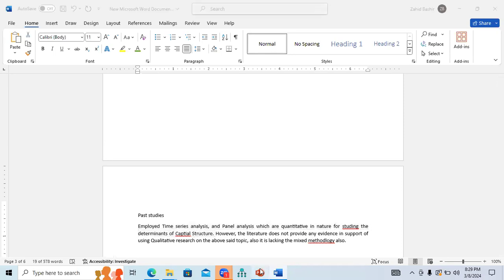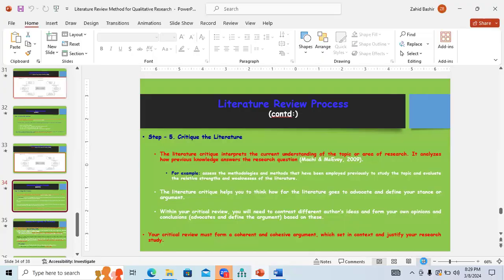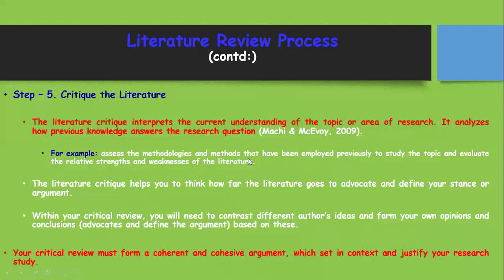So you may also identify whether the previous literature in your domain or in the area you want to do research has some methodology gap or not. So the gap may be based on methodology. Gap may be based on the findings of the study. Gap may be based on the fresh evidence. Gap may be a contextual gap.